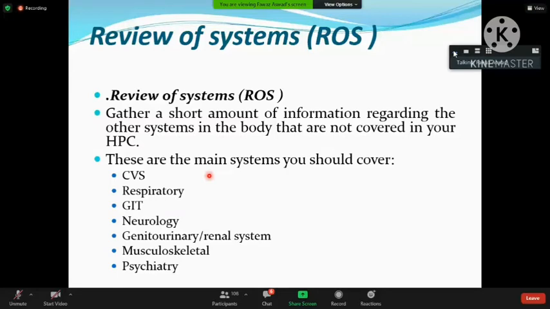إذا هذا هو الغرض الرئيسي. أعيد بصورة مختصرة ما أخذناه عن الهيستوري of the patient.